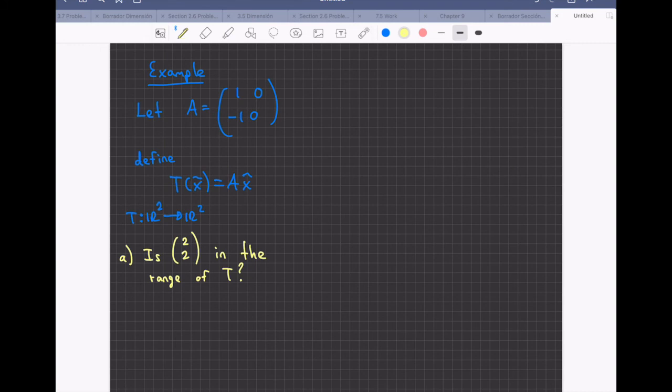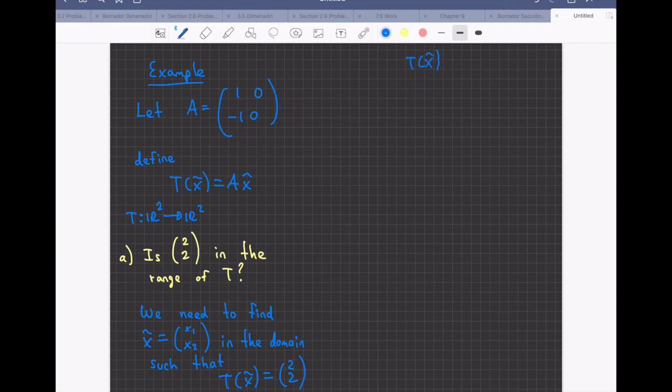So to respond to that, you will need to find an element x. We need to find x that I'm going to label x1, x2 in the domain such that T of x is equal to 2, 2. So what is T of x?